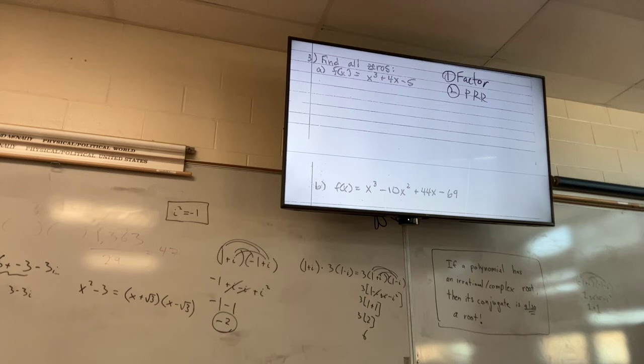We put all the factors of 5, so plus or minus 1, plus or minus 5, over the factors of the lead coefficient, plus or minus 1. So factors of the constant term over factors of the lead coefficient. So our possible zeros are plus or minus 1 and plus or minus 5.